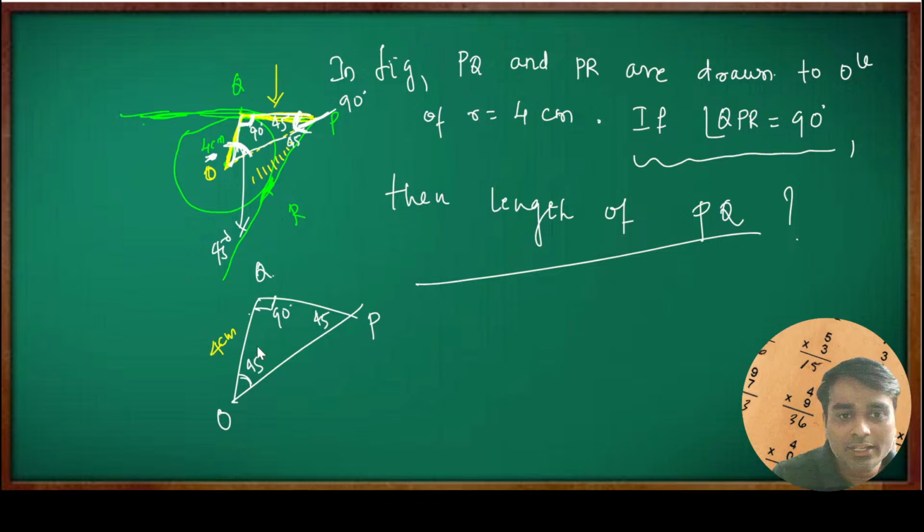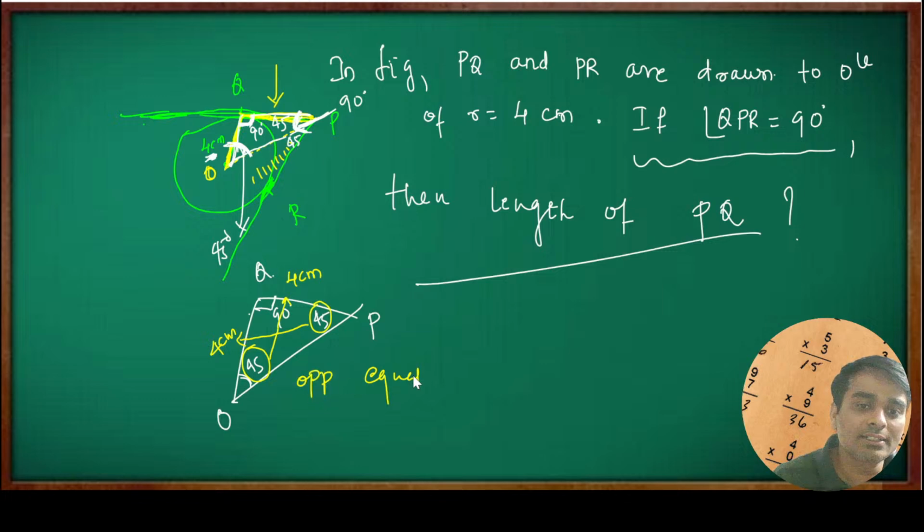correct? So you can see this is 45 and this is also 45. To this, the opposite side I have is 4 centimeter, therefore this will also be how much? 4 centimeter, because we know that equal opposite sides of equal angles are again what?